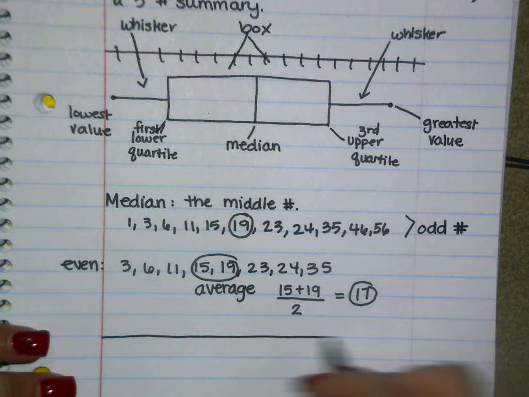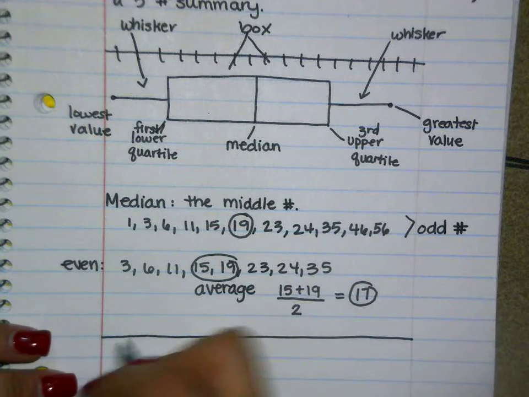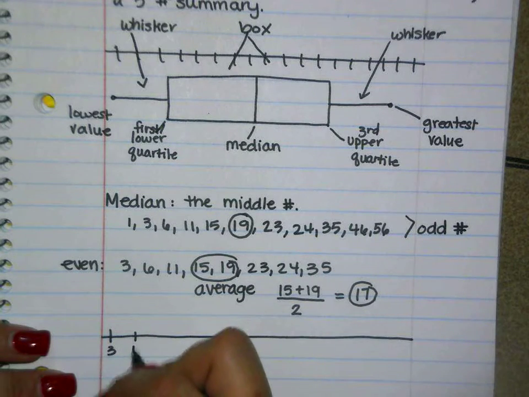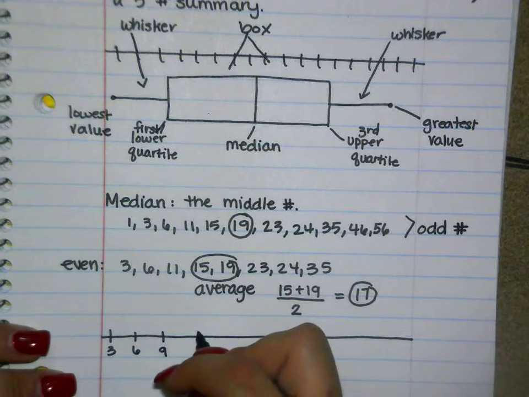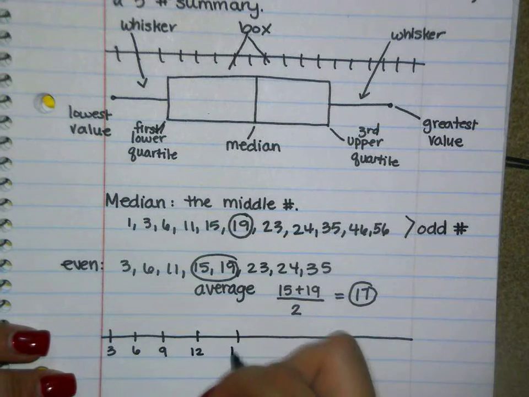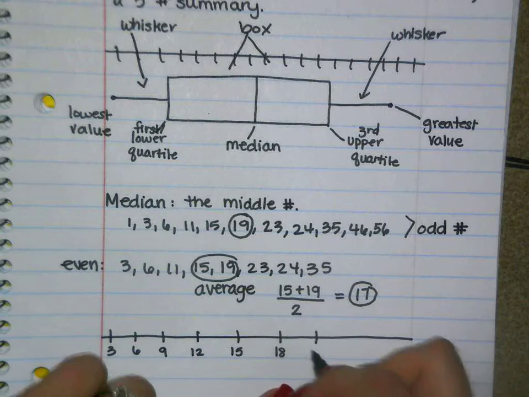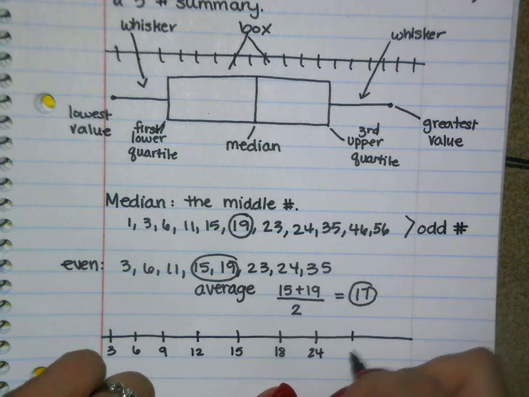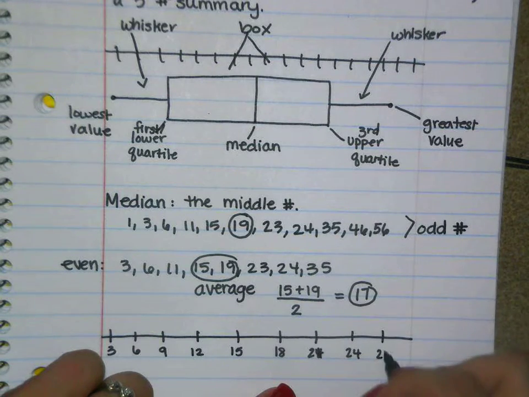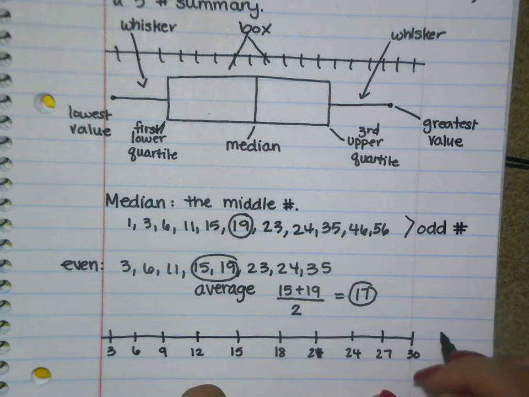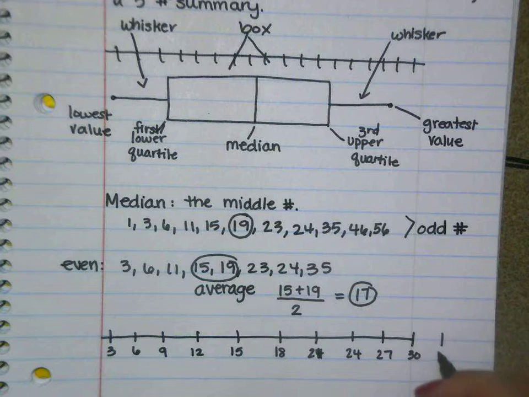Let's do 3, 6, 9, 12, 15, 18, 21, 24, 27, 30, 33, and 36. That should get everybody in there, right? Okay, so there's our number line.